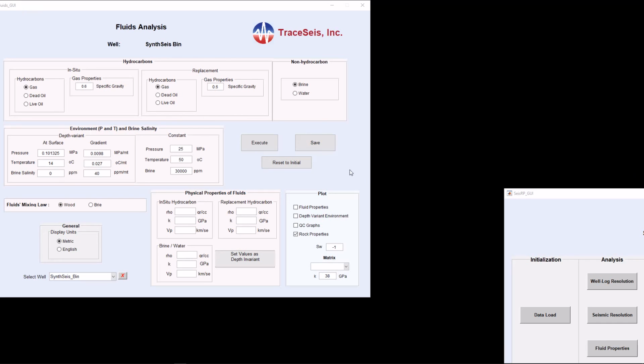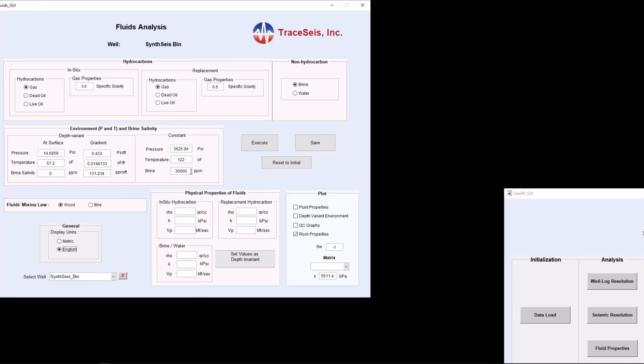Two boxes remain to be explained in the fluids analysis program. In the fluids mixing law box, it is specified whether the fluids are mixed homogeneously, in which case Wood's equation is used, or otherwise Brie's equation is used. An exponent of 1 in Brie's equation is equivalent to having patchy saturation. In the display units box, it is specified whether fluids are in metric or in English.